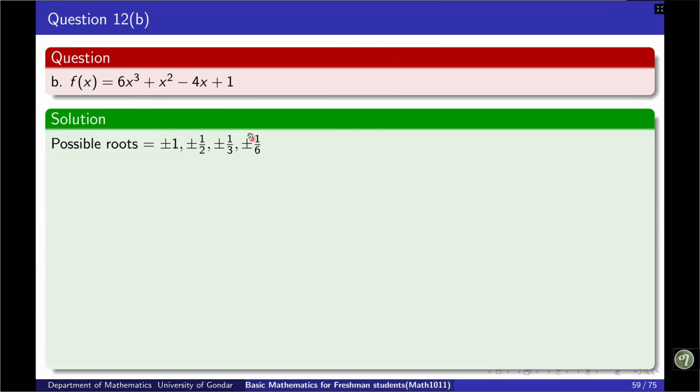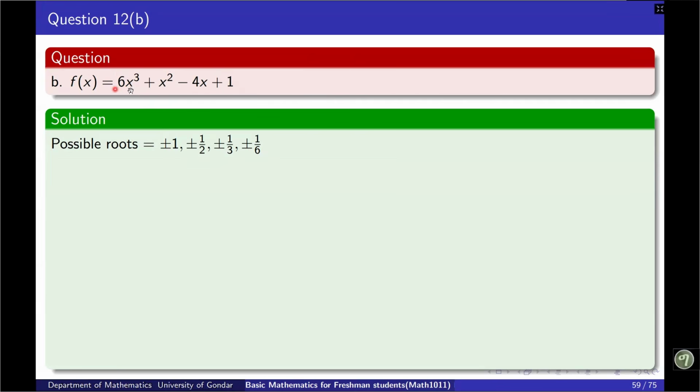So when we combine these to obtain a simple rational number, taking the factors of the constant term as the numerator and the factors of the leading coefficient as the denominator, we have this list.